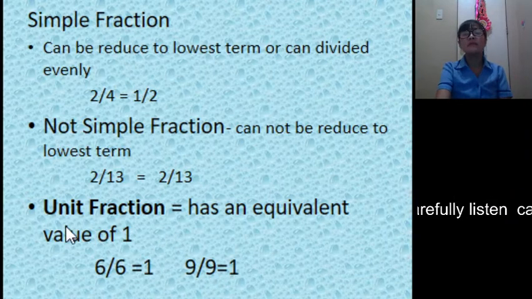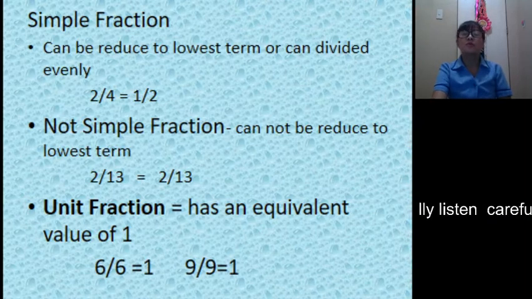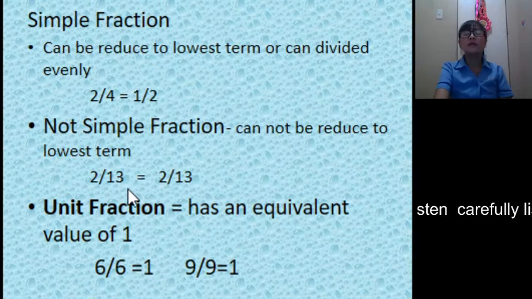So in unit fraction, any fraction that has an equivalent value of 1 is a unit fraction. Okay? So those are the kinds of fraction.